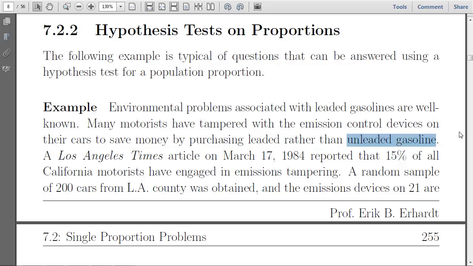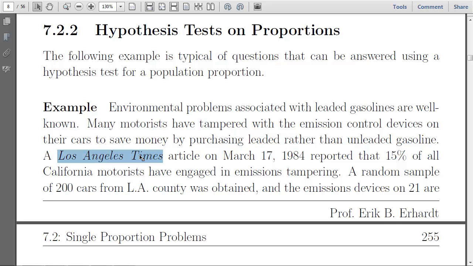So I think the leaded gasoline had a large nozzle, and unleaded had a narrower nozzle. So you couldn't get the leaded nozzle into the unleaded gasoline receptacle on your car. And so people would swap those out illegally.